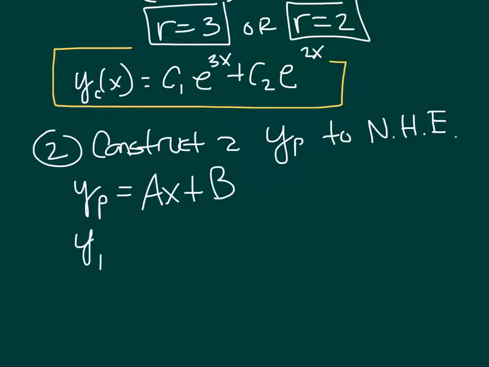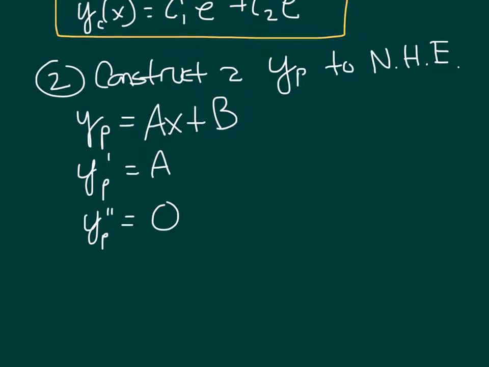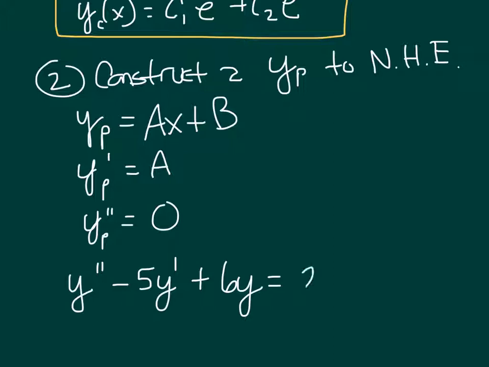And of course, if we differentiate a linear expression, this is nice. The derivative is just a. And y sub p double prime, well, the derivative of a constant is just 0. So let's substitute these expressions back into our non-homogeneous equation: y double prime minus 5y prime plus 6y equals our function of x.